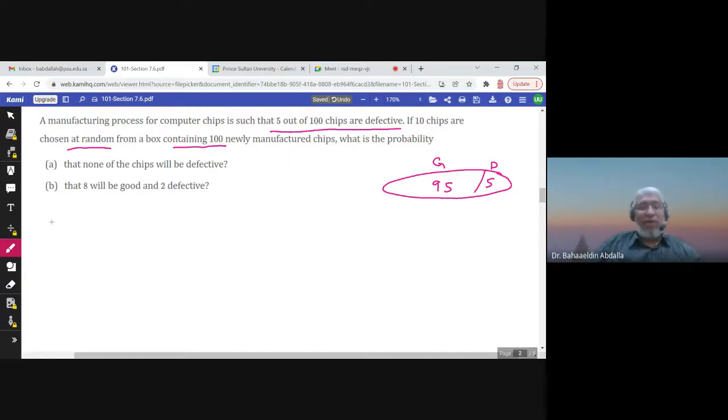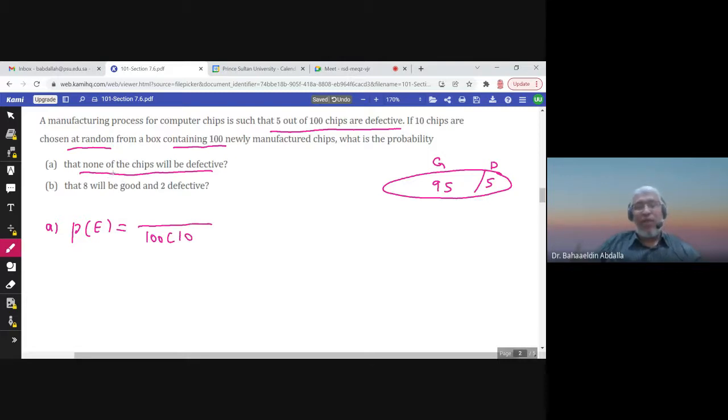What is the probability that none of the chips will be defective? So if we call this event E, what is the probability of E? We are selecting how many? 10 out of what? Of 100. So 100C10 will give you the number of elements in the sample space.